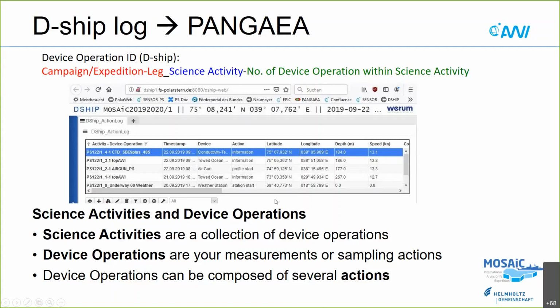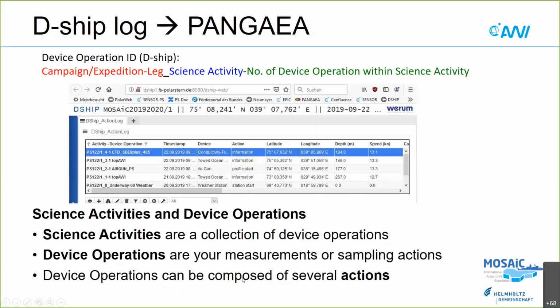In the dship, additionally, each device operation is connected to potentially numerous actions. So like here we have information, profile start. It can be station start, station end, or deployment.